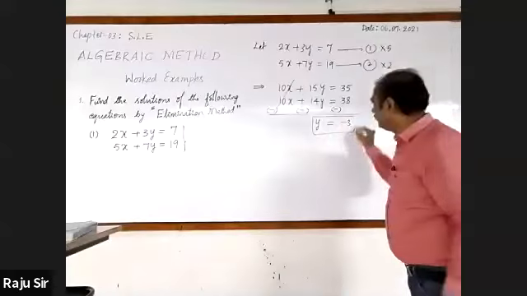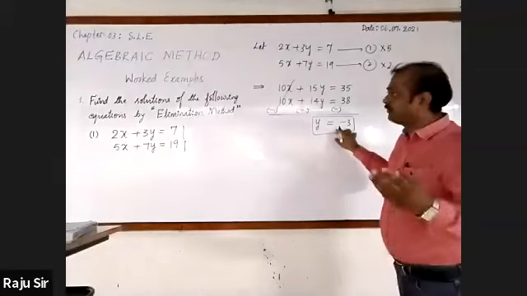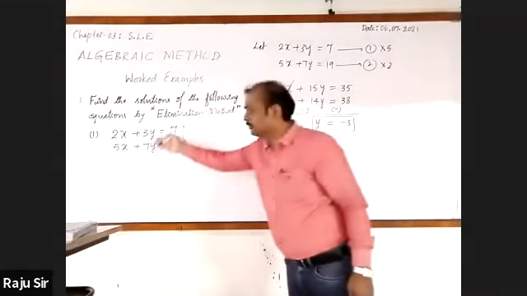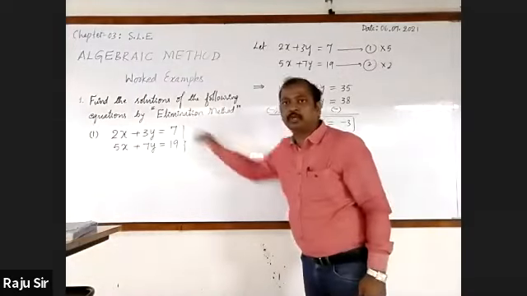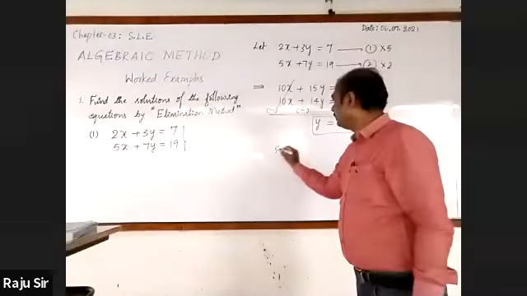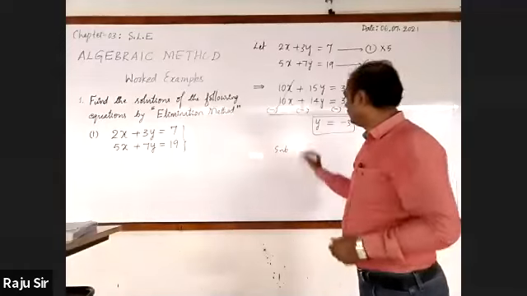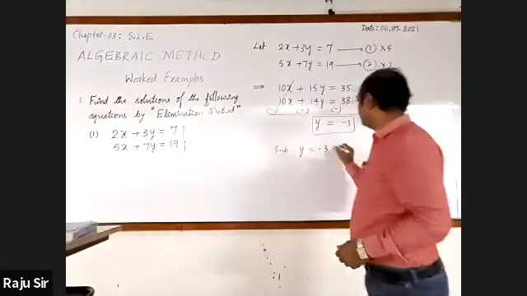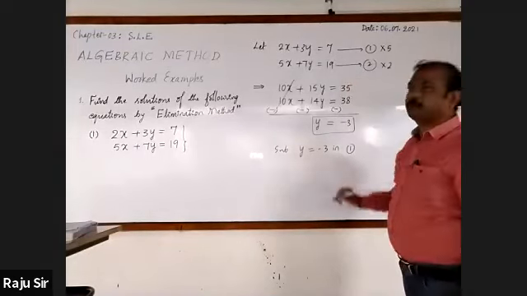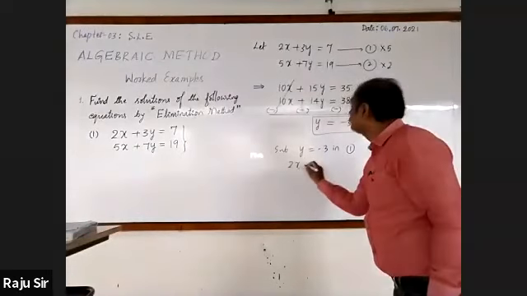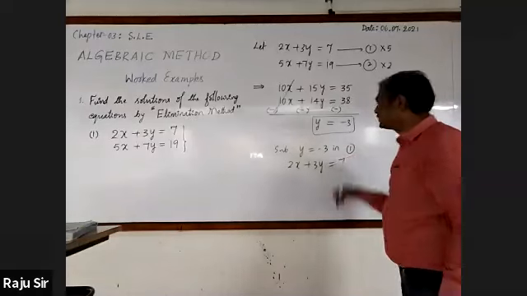After getting the value of y, you can find out x value by substituting this in any one of the two equations. Now I'm going to substitute y is equal to minus 3 in any one of the two equations. I take the first equation. First equation is 2x plus 3y, it is equal to 7.